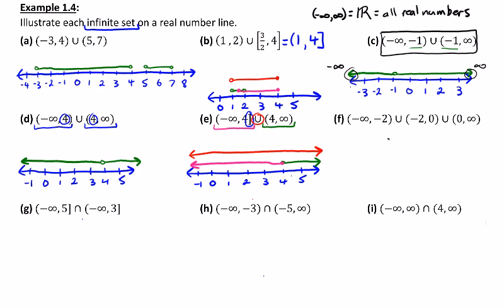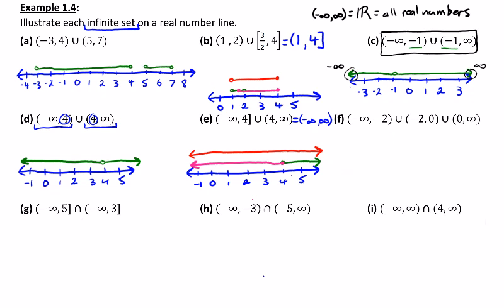So because we allowed 4 to be a part of one of the two sets, that means we no longer have that hole, and ultimately this means that our union is equivalent to all real numbers. Let's take a look at part F.